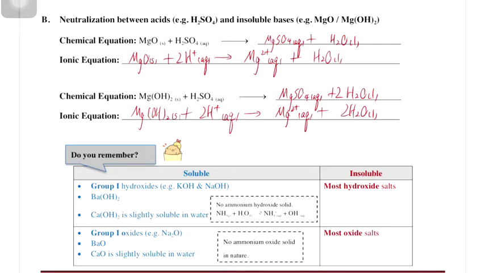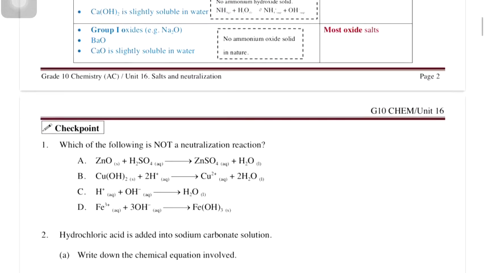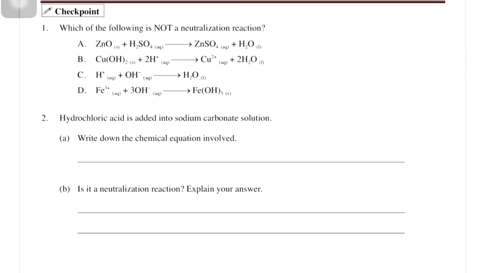Okay, so these are the examples for neutralization reactions. Now take a look at the checkpoint question. First, which of the following is not a neutralization reaction? The first one, we have an insoluble metal oxide.